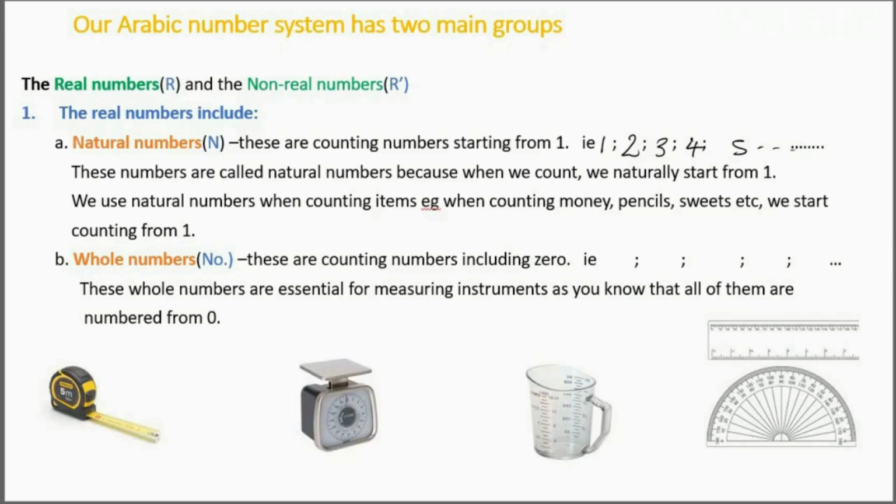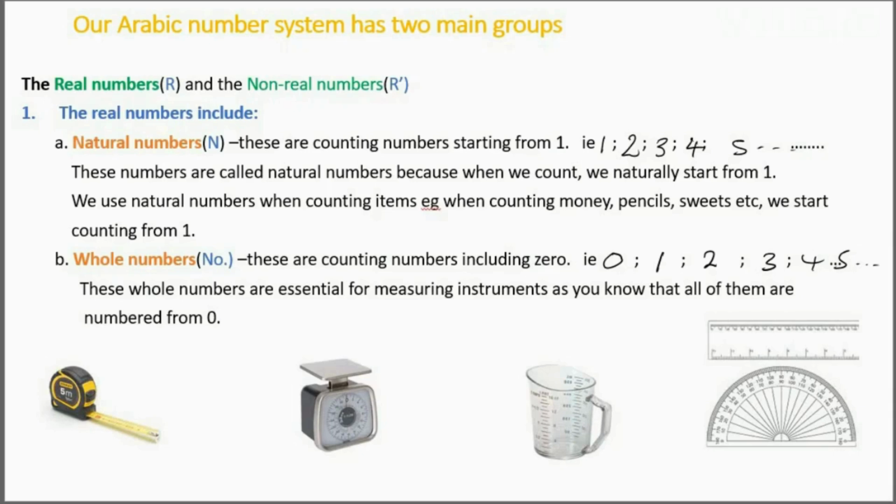The next group of real numbers are whole numbers, denoted by the capital letter N and a small 0. These are counting numbers including 0. So when we start by counting 0, 1, 2, 3, 4, 5, and so forth, then they are whole numbers.